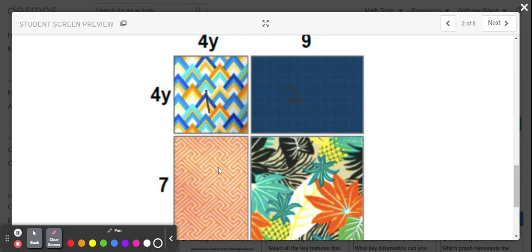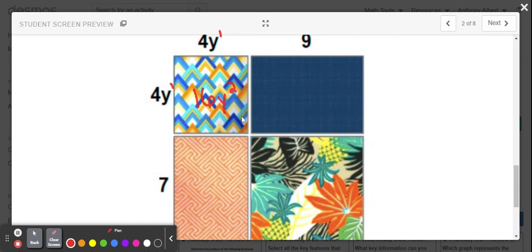1, 2, 3, 4 different sections. And how do we find the area of a square or rectangle? Side times side. So we can do the same thing that we've done on the last problems here. 4 times 4 is 16. Y times y is y to the second power. Remember, those are invisible ones, and we add, so 1 plus 1 makes 2.